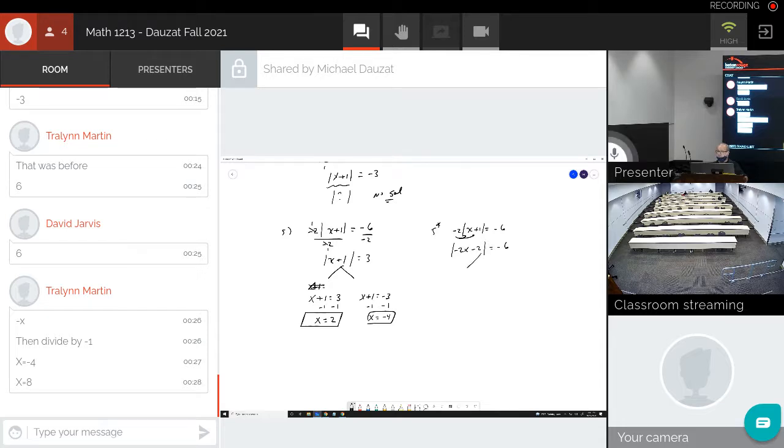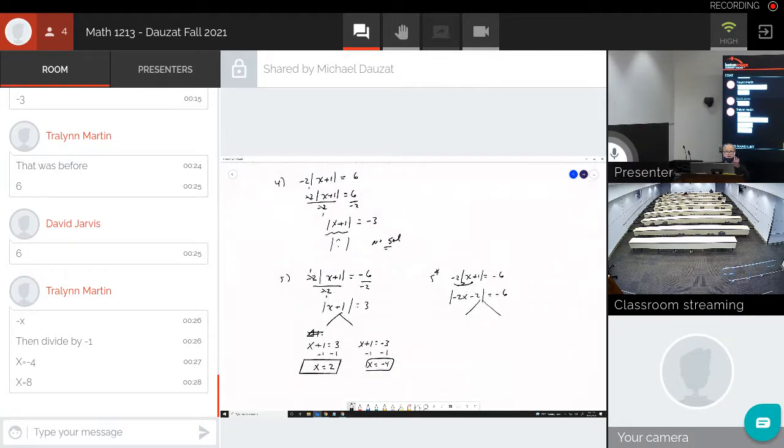Now, if I break it apart, I just want you to think. Right here, we have the absolute value of an expression equal a negative number. Is that possible? No. Right here, I also have the absolute value of an expression equal a negative number. Is that possible?